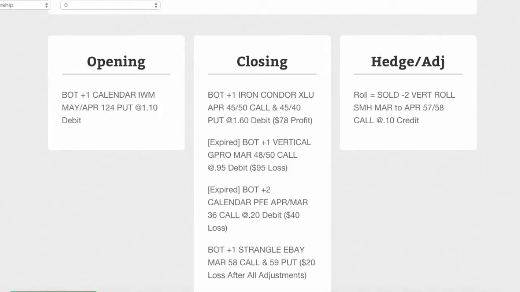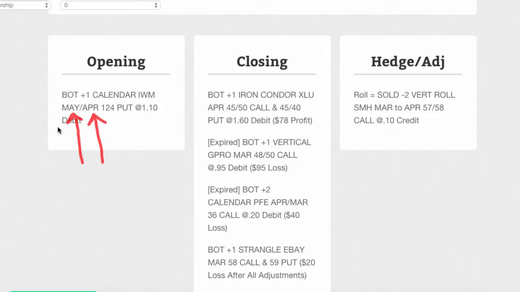So let's actually start here with IWM since we can get this one knocked out pretty quickly. We basically entered a calendar put spread in IWM. And again, with these calendar spreads, what you've got to remember is that we're buying the back month, which is May, and we're selling the front month, which is April.